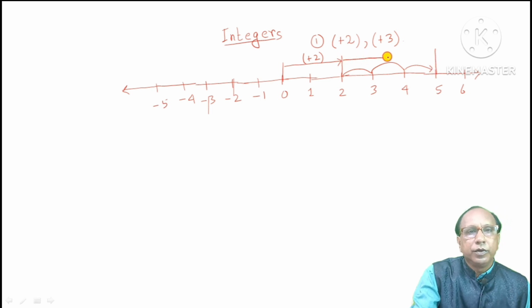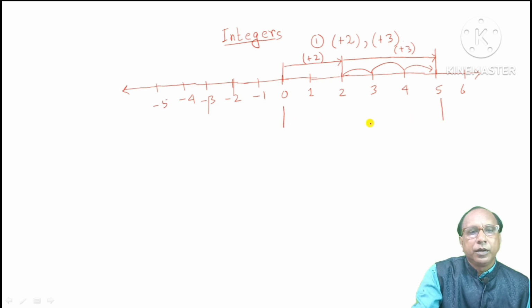Here you see integers. You can write whatever you want here with the help of the pen tab. Integers, right? Suppose we make a number line.